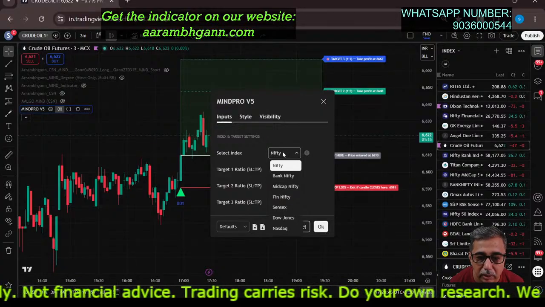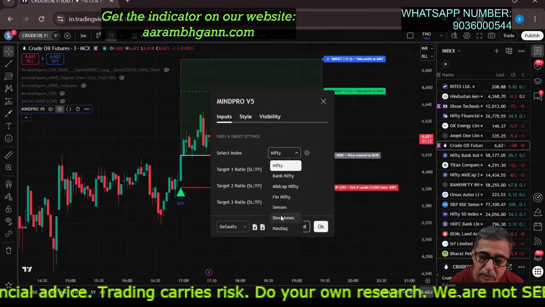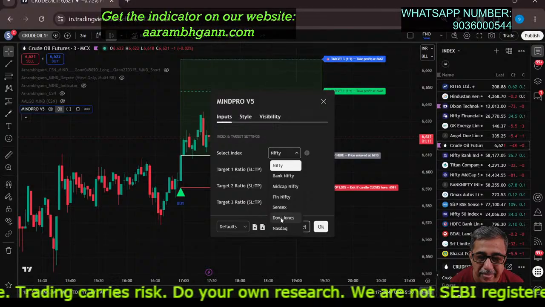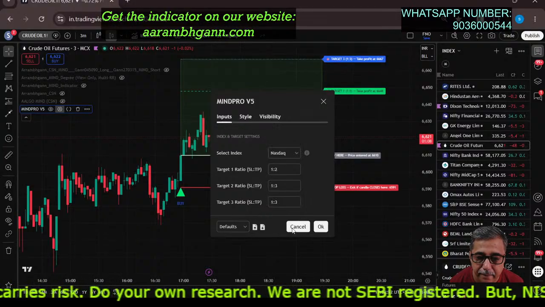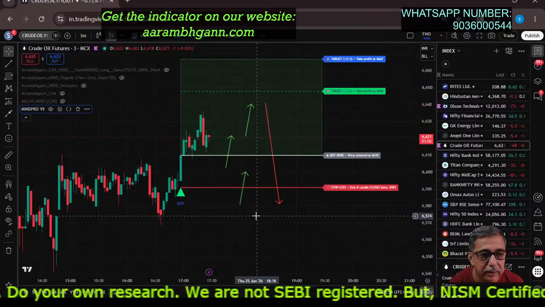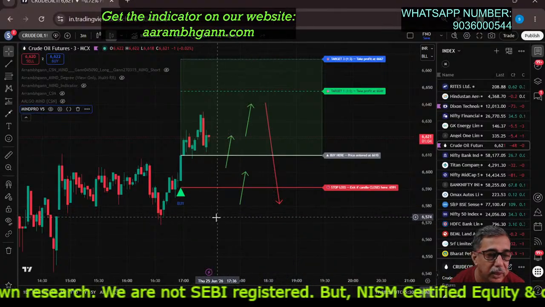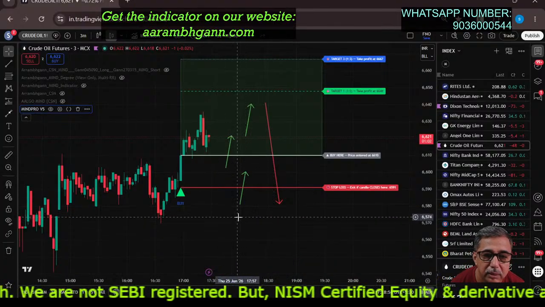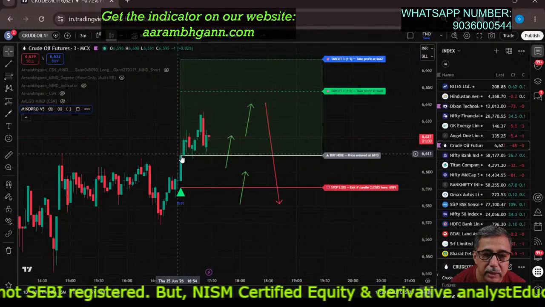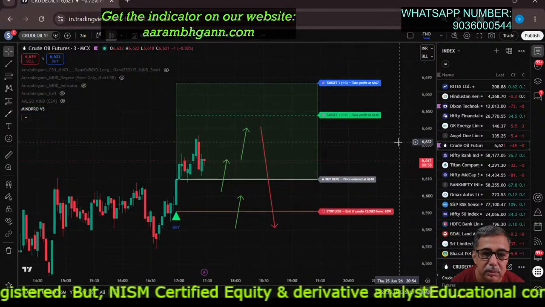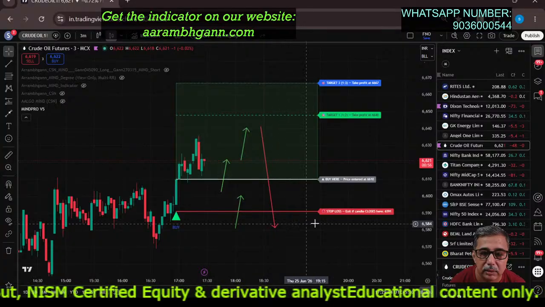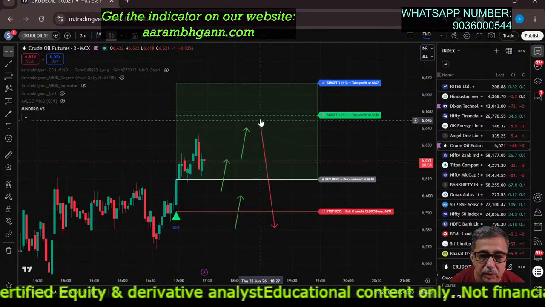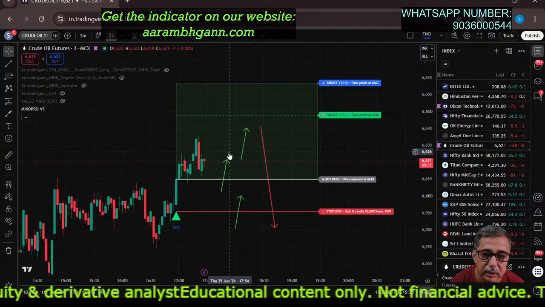I have deployed it on Nifty. You can use anything, it doesn't matter. For crude oil also you can use that. The main thing is the entry. It has to pass, and after that the target. I have kept 1:3. The 1:2 and 1:1 targets are done.